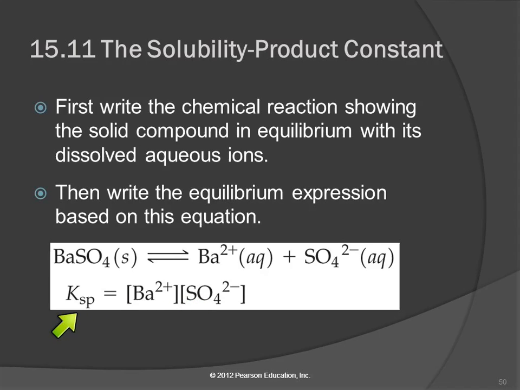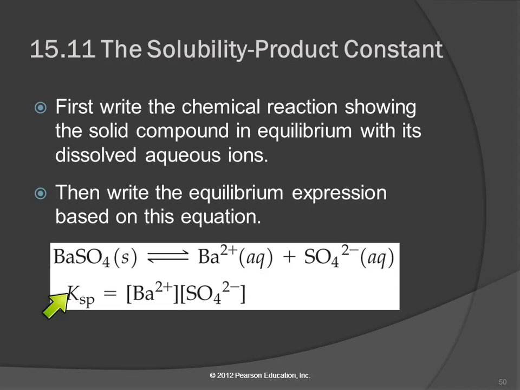In these KSP expressions, there's not going to be a denominator because the reactant side is always just a solid. And instead of calling it KEQ, we call it KSP because it's something dissolving. So we're not going to get hung up on whether you labeled it KSP or KEQ. That's a trivial thing. Writing the expression is what's important.